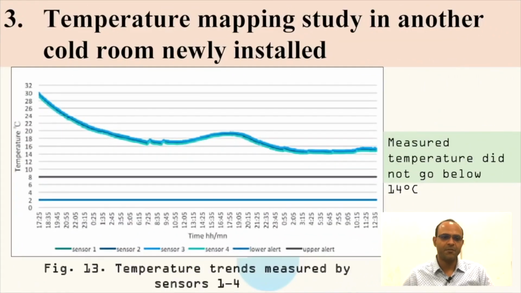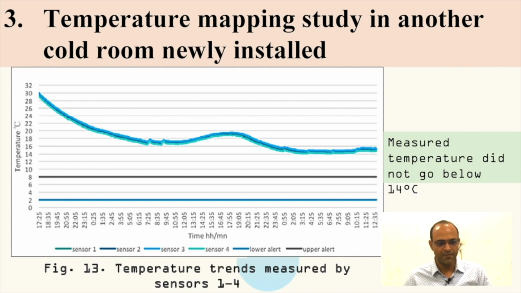Now, temperature mapping study in another cold room which is newly installed. This was another study which was carried out where 4 sensors were installed, and the lower limit was set to 2 and upper limit was set to 4.